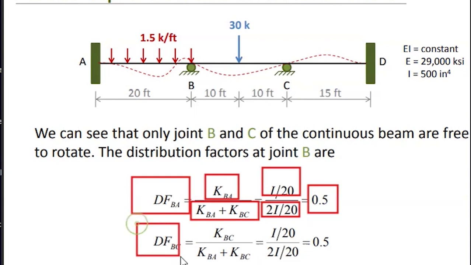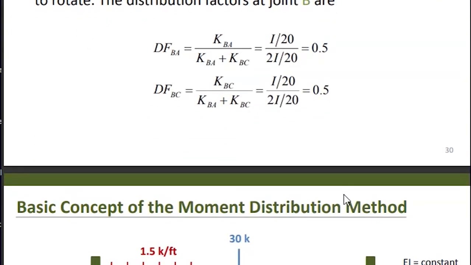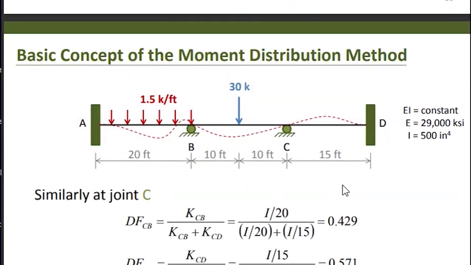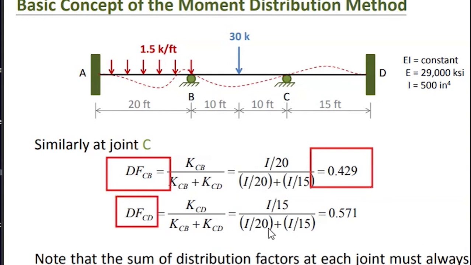And for BC, the value is this one. Now do the same for the other members: CB, which is this one, and CD, which is this one. So calculate the distribution factor from member to member.